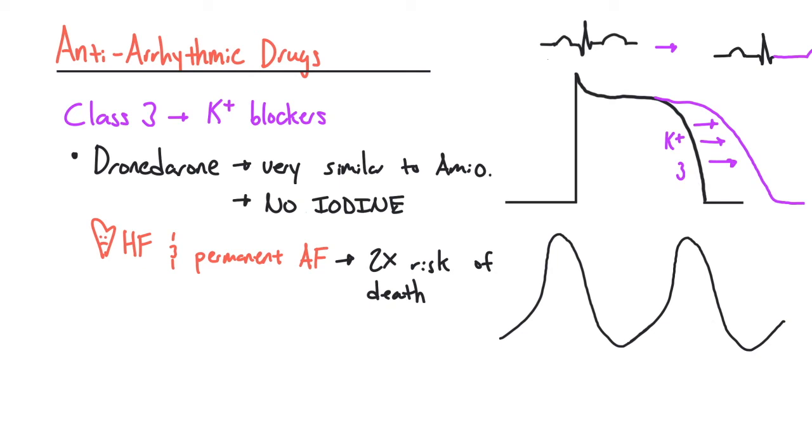In addition to this, dronedarone, like amiodarone, does undergo hepatic metabolism. So in patients that do have a reduced liver function, especially severely reduced liver function, we do not use dronedarone.